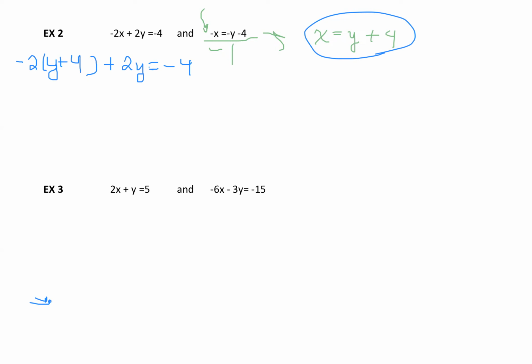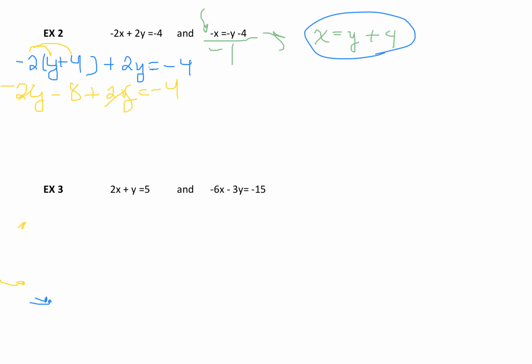And then we're going to solve that equation for y, one equation, one variable. Make sure that you're distributing. So it's negative 2y minus 8 plus 2y equals negative 4.